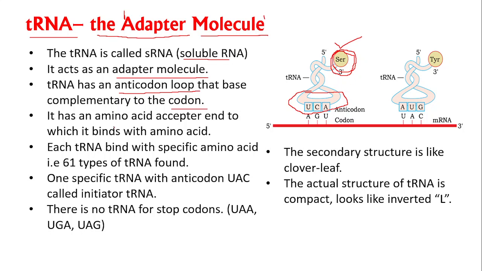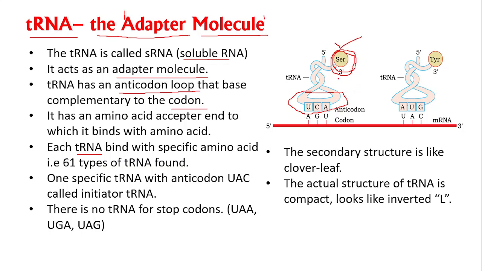Next, each tRNA binds with a specific amino acid, a very important point to be noted. That means a particular tRNA will bind to a particular amino acid only, depending upon the anticodon present in the anticodon loop of the tRNA. Is that clear?